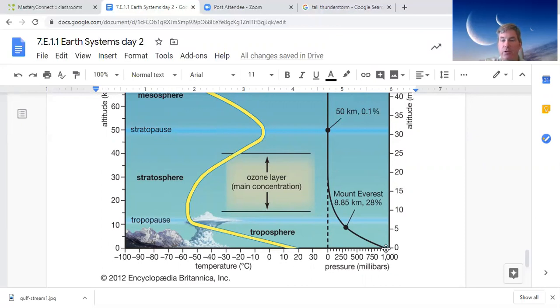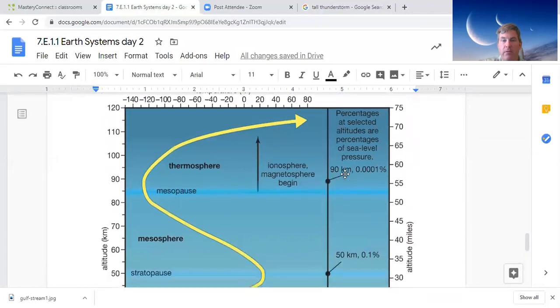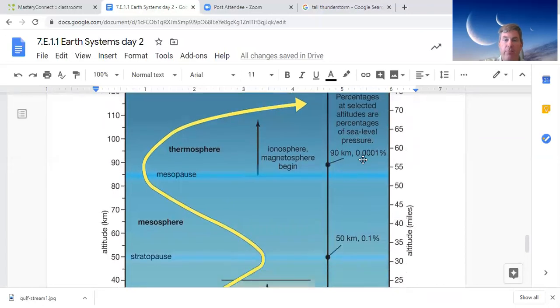Over here is pressure. Pressure starts at ground level, hits the tropopause, still has enough pressure to read. But once you get right here, it basically effectively becomes zero. At 50 kilometers at the stratopause, it's 0.1%. And then at 90 kilometers, 0.0001%.